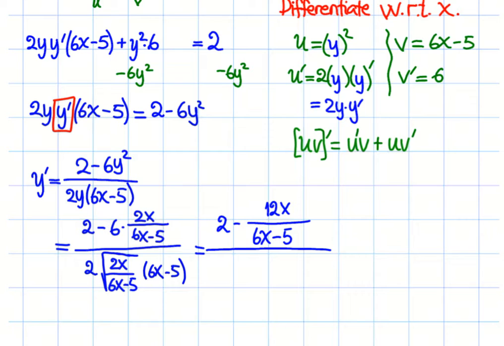Now the bottom, I will split the square root in half. I mean square root of the top and square root of the bottom. Square root of the top is 2 times square root of 2x, times 6x minus 5. And then the bottom will be square root of 6x minus 5.